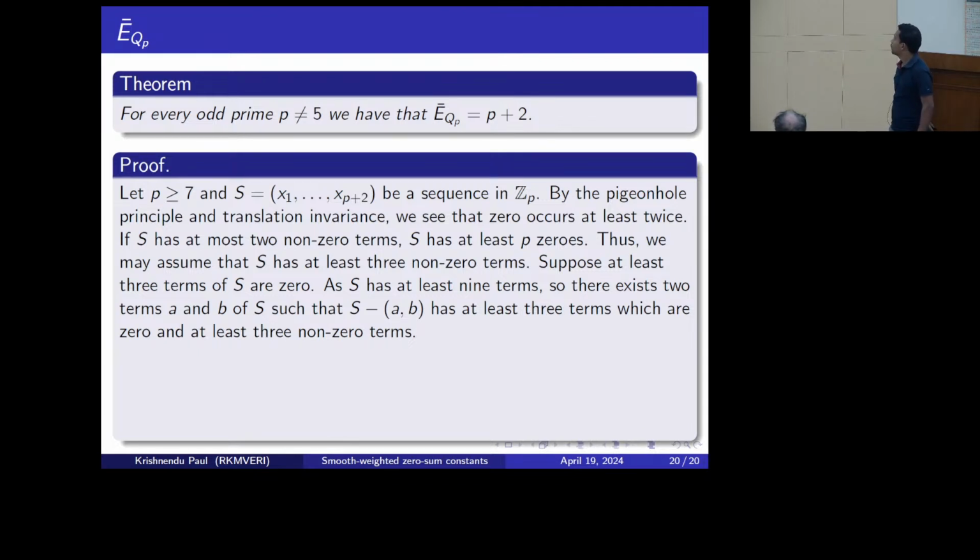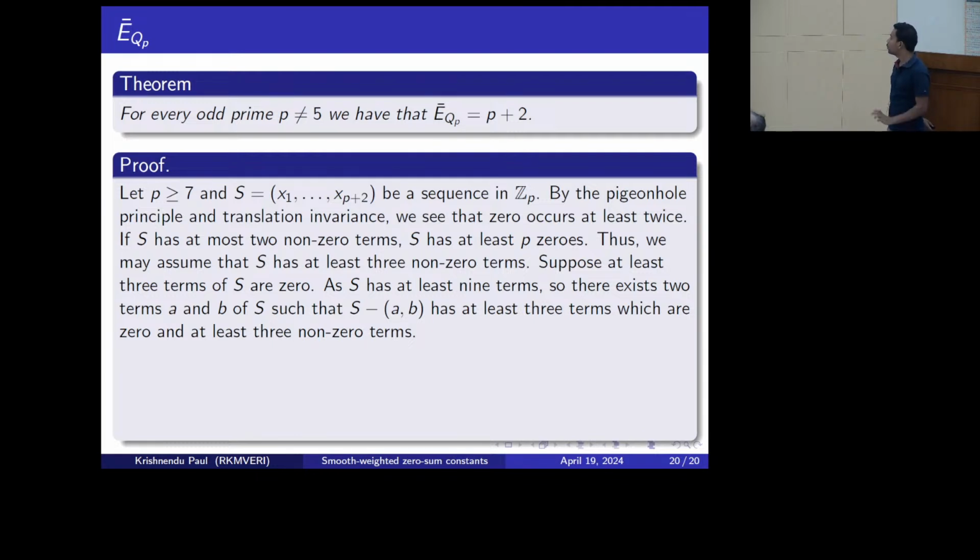Now, in the case that S has at least 3 non-zero terms, suppose at least 3 terms are 0. Then S has at least 9 terms, as p is at least 7, so S has length at least 9. So there exist 2 terms we can exclude such that S minus ab has at least 3 zero terms and 3 non-zero terms.